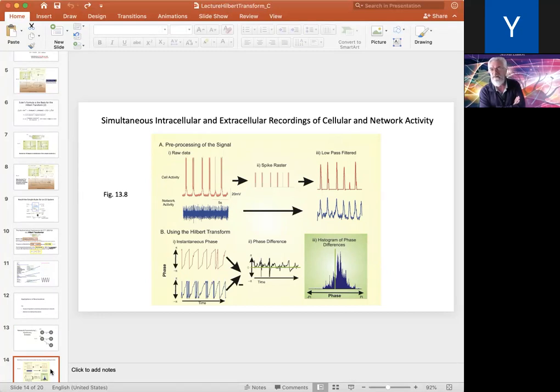She did some interesting work looking into seizure models in isolated networks. She recorded from single neurons intracellularly, and this is an example. She recorded at the same time extracellularly in the surrounding. This is an example as well. And these recordings were made simultaneously.